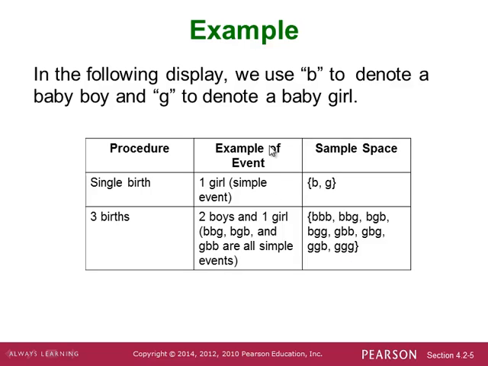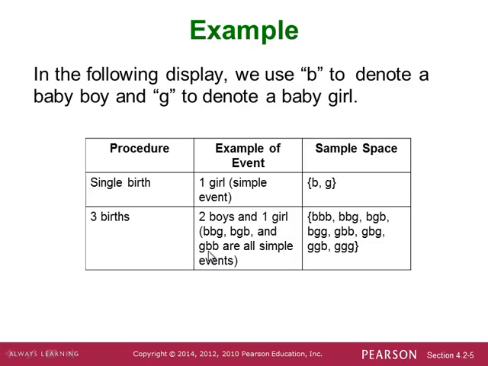And an example of an event would be having 2 boys and a girl. That would be an event. Boy, boy, girl would be one outcome in that event. Boy, girl, boy would be another outcome in that same event.